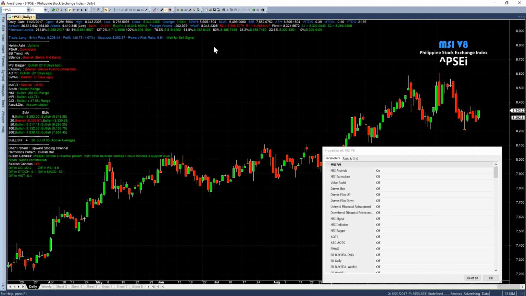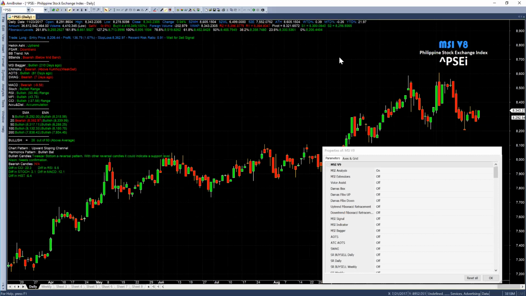Then we have the 52 weeks high, the 52 weeks low, and the 52 equilibrium. Now these three indicators are very good for expecting, or analyzing how high or how low a price action for a certain stock in a span of 52 weeks.